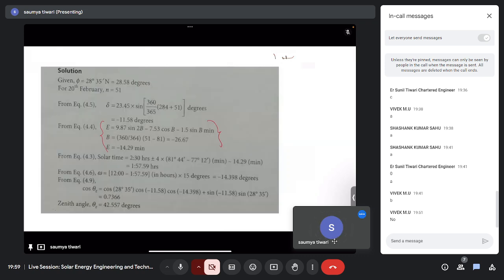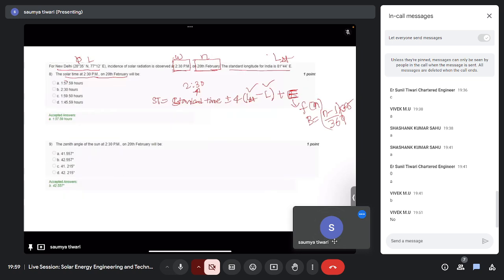So based on this B, we have a long equation for calculating E. We have all the parameters required for calculating the solar time. We'll put all into this formula and we'll get the solar time, which, when we solve it, will be option A.